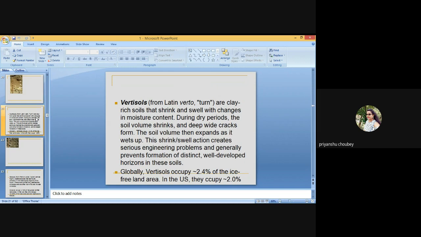During dry periods, the soil volume shrinks and deep cracks form, and the soil expands as it gets wet. The shrink-swell action creates serious engineering problems and generally prevents formation of distinct, well-developed horizons in this soil. Globally, vertisols occupy 2.4% of the ice-free land area.